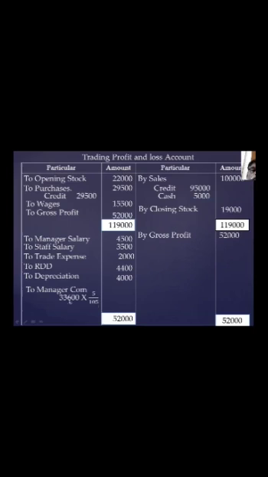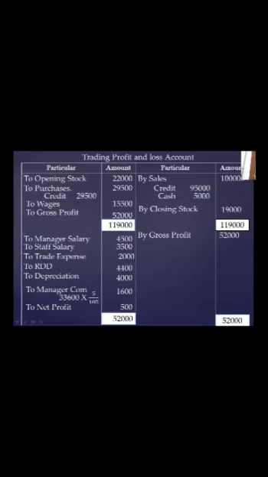But for 33,600 total profit before commission, what is the commission? Commission is 1,600. Then the difference you calculate is called net profit. This is the net profit.